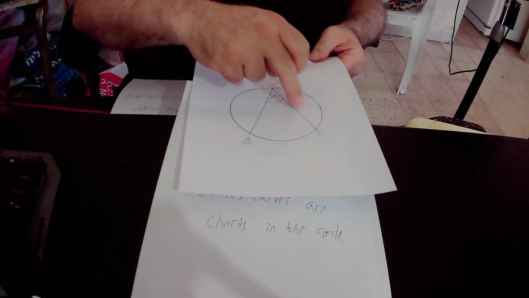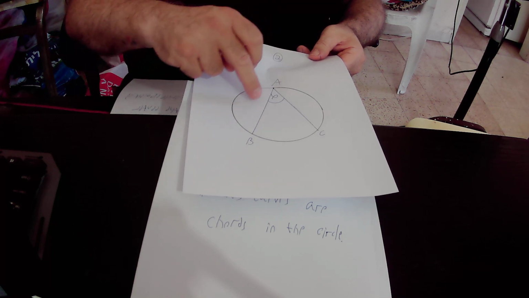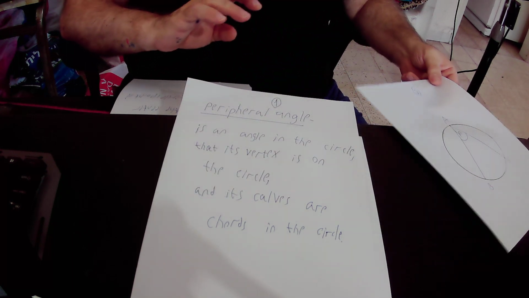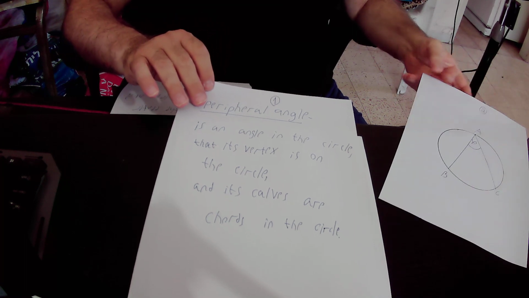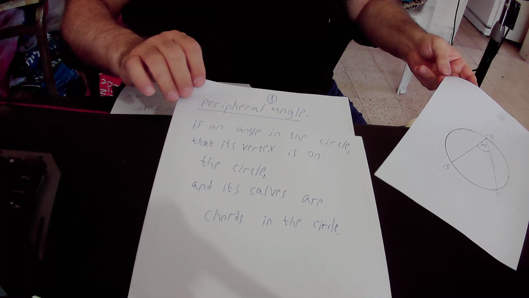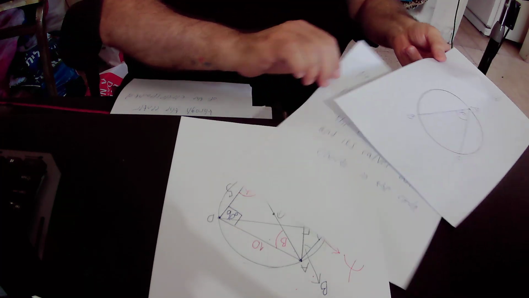Arm AC is a chord in this circle, and arm AB of angle alpha is a chord in this circle. So this is the definition of a peripheral angle.